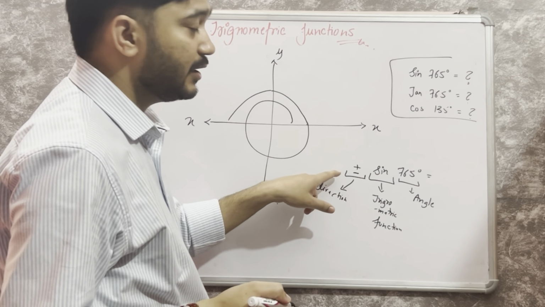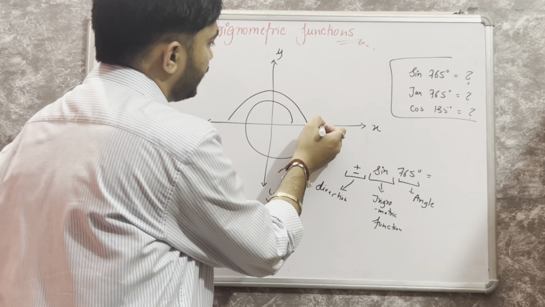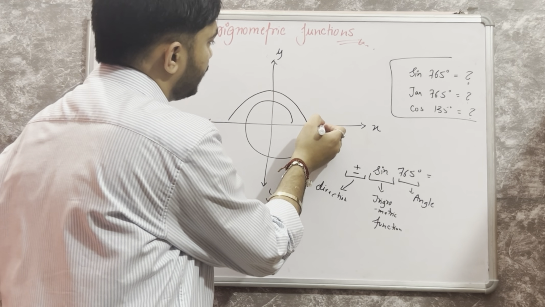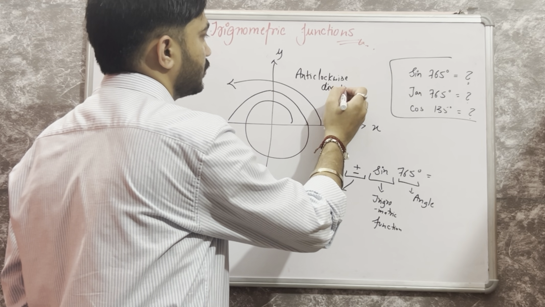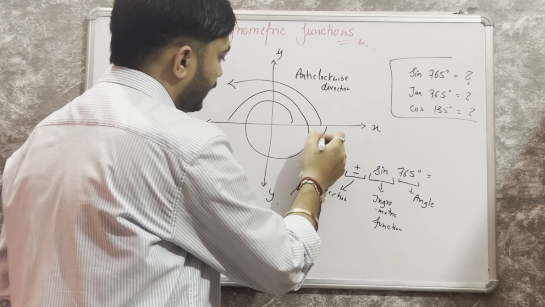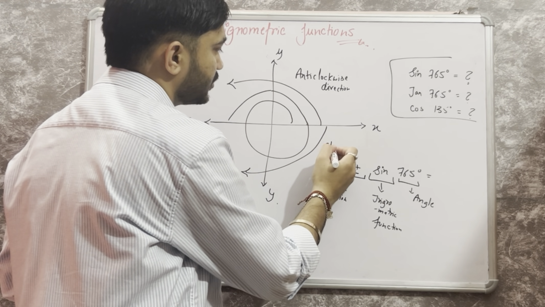As studied earlier, we know that positive means anti-clockwise direction. And negative means clockwise direction.